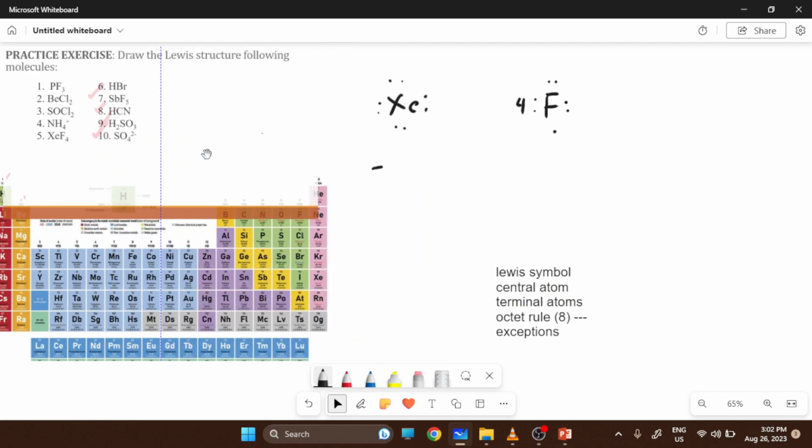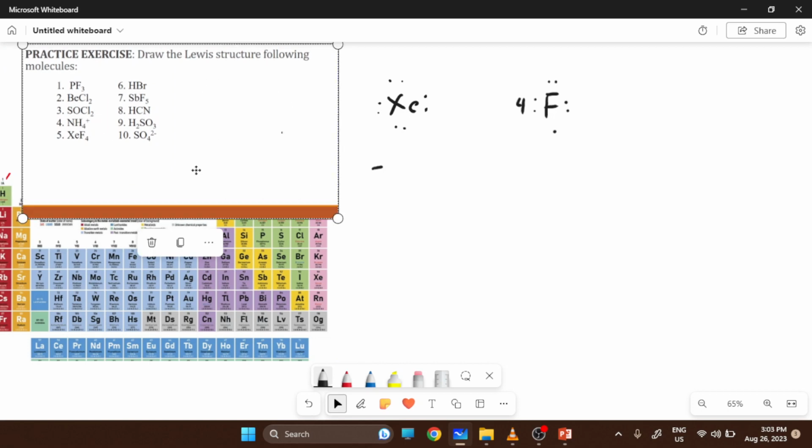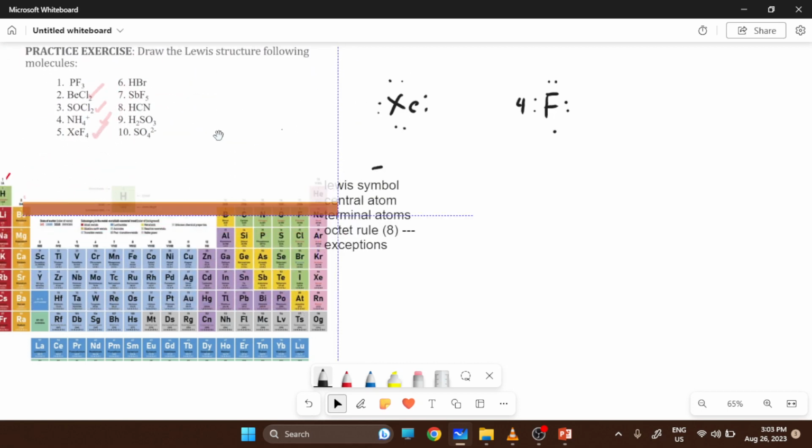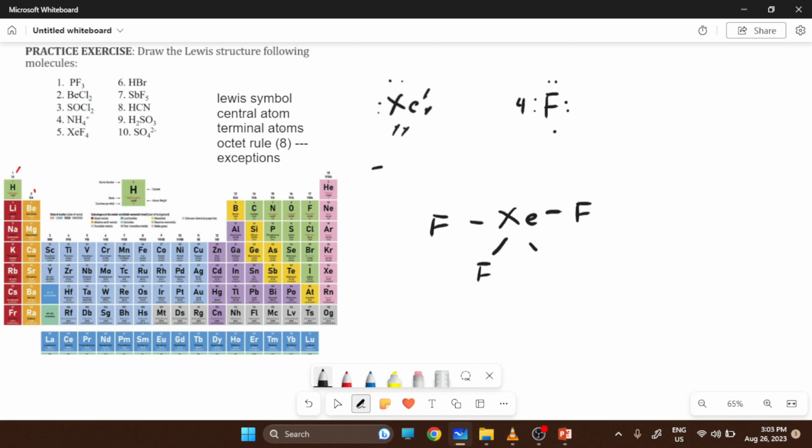I'm just going to put this first because it kind of disappeared. These are the things we need to keep in mind when drawing. So it's fixed now, sorry for that. Upon drawing this, we notice that the 4 fluorines will occupy the remaining 4 electron pairs. So XeF4, the terminal atoms. And then don't forget to write the Lewis dot.